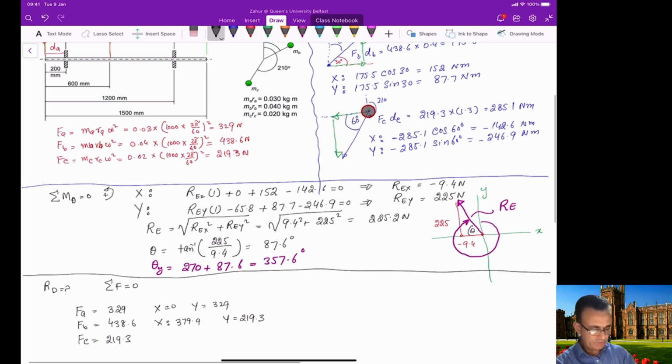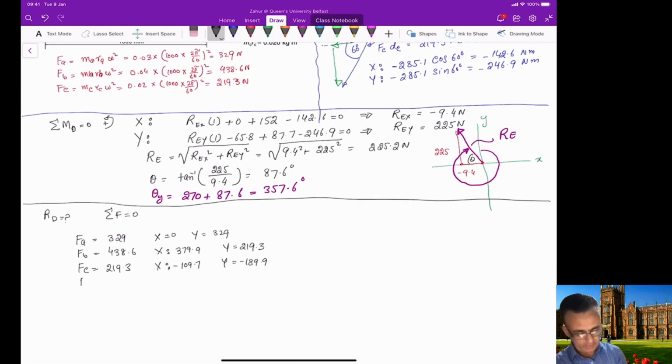So 219 cos 60 will be in the x direction, and 219 sine 60 will be in the y direction, but both will be negative here. So its x component will be minus 109.7, and its y component will be minus 189.9 here, and all these are obviously in newtons.